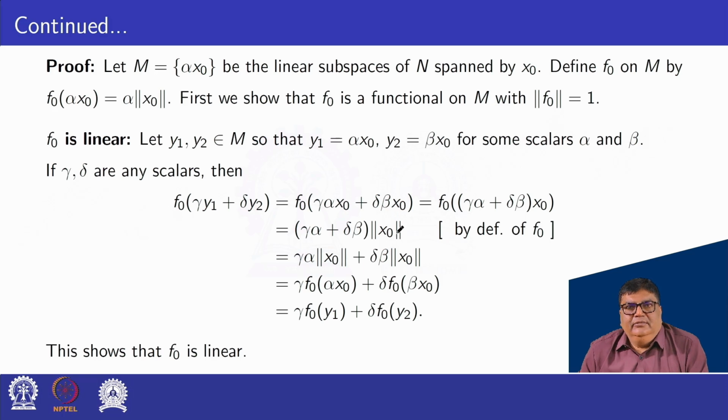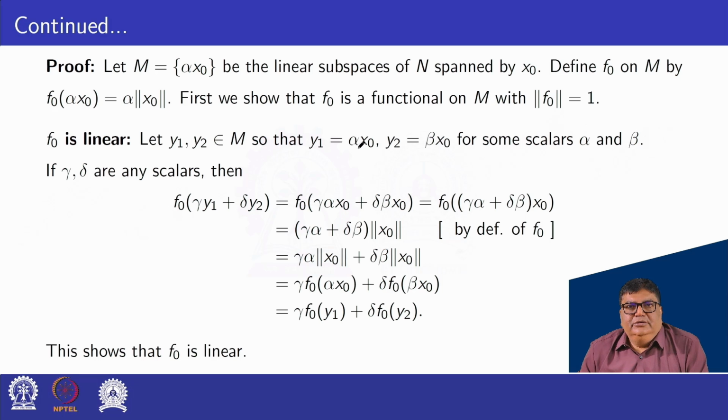Again, we can write this as gamma alpha into norm x0 plus delta beta into norm x0, equal to gamma into f0 of alpha x0 plus delta f0 of beta x0.